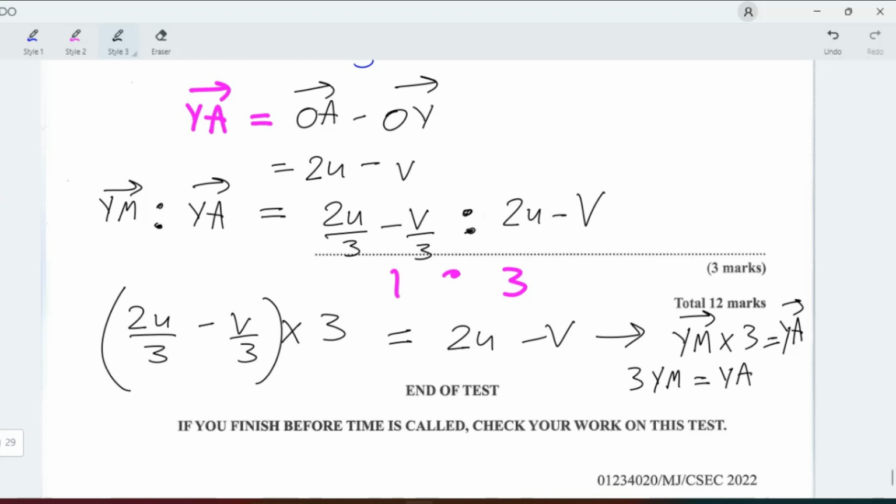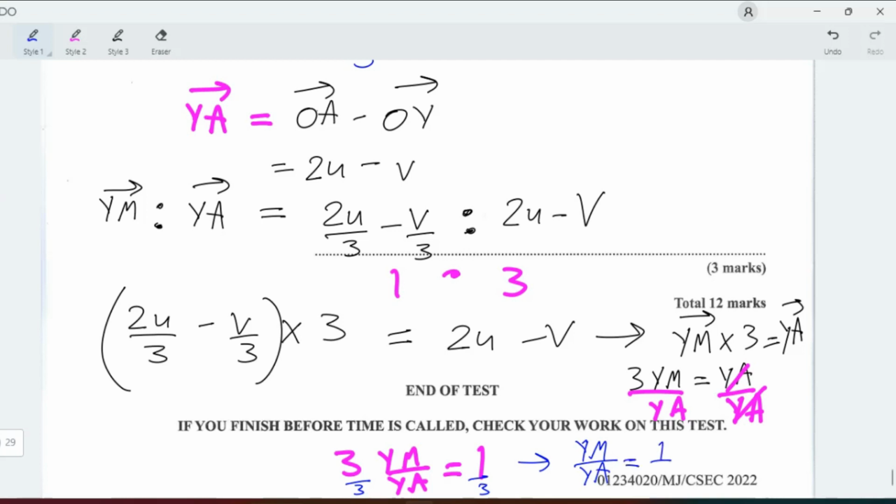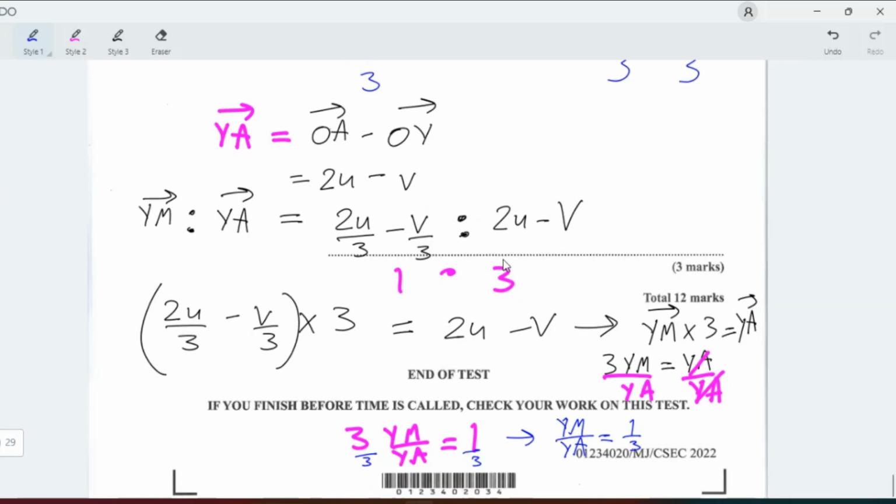If we divide both sides by YA, this would cancel, so we're saying 3YM over YA is equal to 1. Then we divide both sides by 3, and we realize that YM divided by YA is 1 over 3. Since we get 1 over 3, that proves that the ratio is indeed 1 to 3.